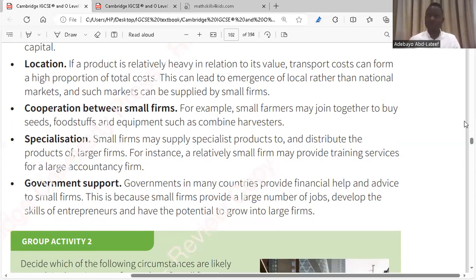Whenever firm B needs firm A, firm B will call firm A, and whenever firm A needs firm B, firm A will call firm B. So there's cooperation between them. There's no need to expand their business because it's not going to be on a regular basis. Maybe it's seasonal. So when the season comes, they cooperate to produce instead of expanding, which in the long run might become economies of scale.